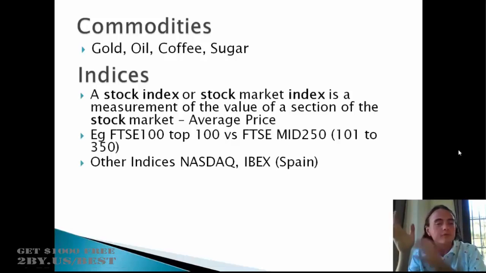Then you've also got, for example, the FTSE Mid 250, which is the 101st to 350th companies in that same stock exchange. So they're just average measurements of a section of a stock exchange to give an indication of how well an economy is doing.